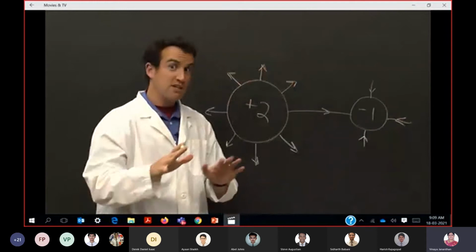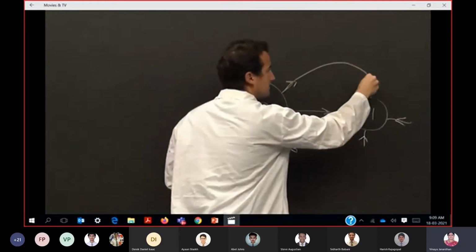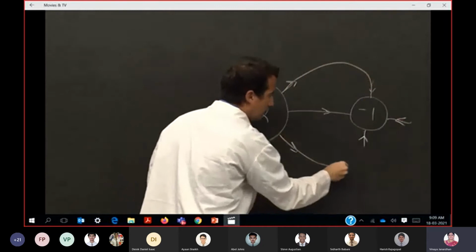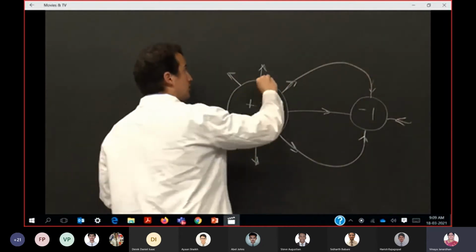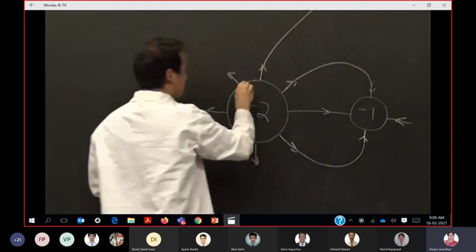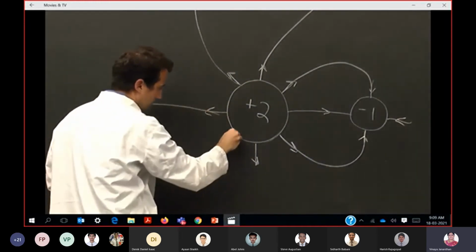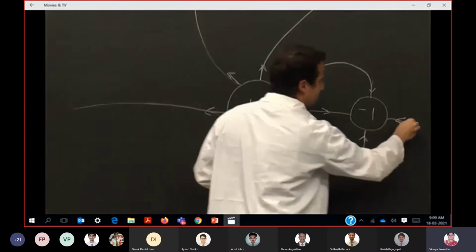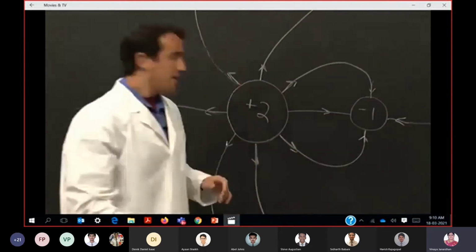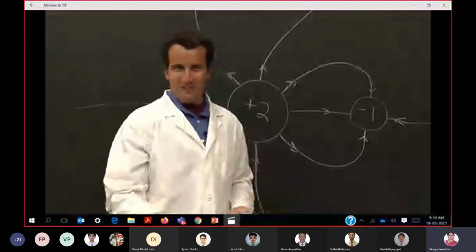Now the electric field lines can never cross. So these ones have to travel to meet these ones. Notice that they're all exiting perpendicular. And now that you know these rules, you can draw any electric field. Good luck.